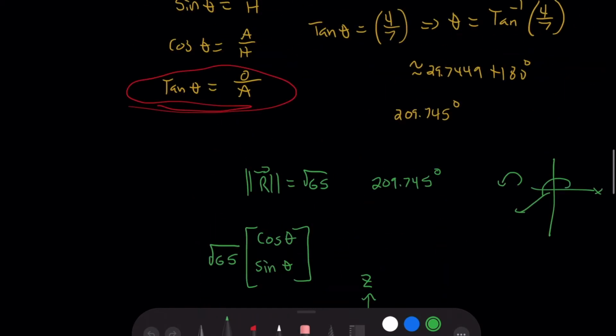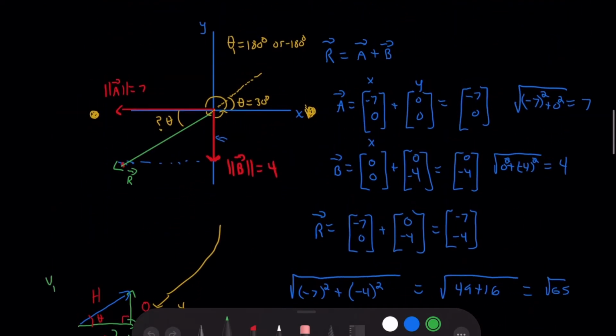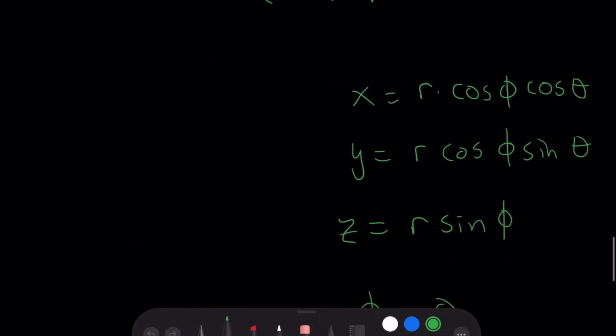Let me think, what else did I want to add here? So this was my thought process for how I was doing it. So when we would have r be the magnitude, we were talking about a polar coordinate system. If we were to view coordinate vectors, they would be like this.